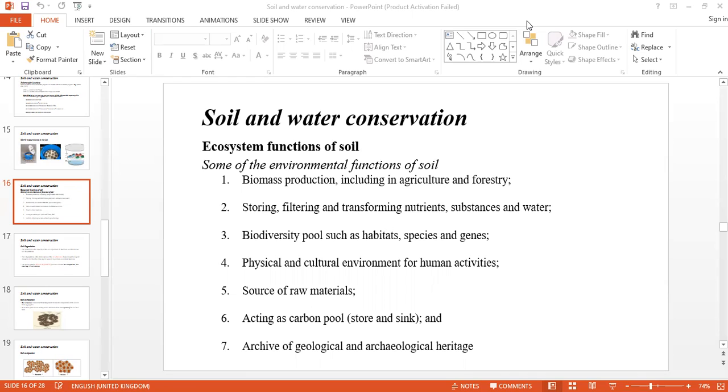So the first one we said is biomass production. I think that's the most obvious one. The second one is storing, filtering, and transforming nutrients. What they mean here is that the soil stores nutrients.